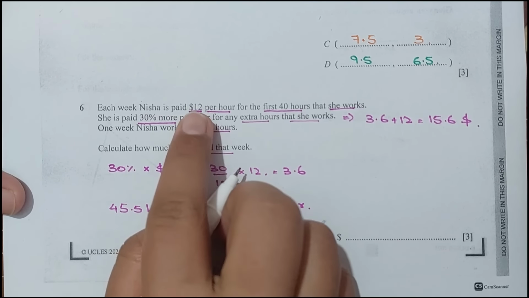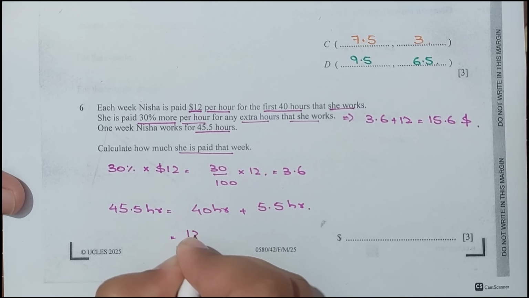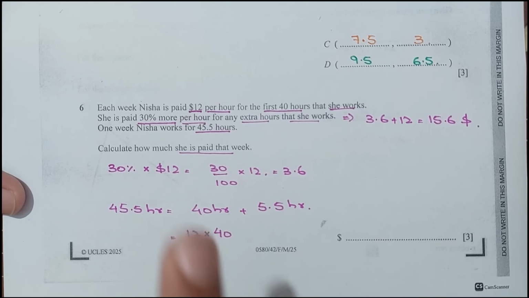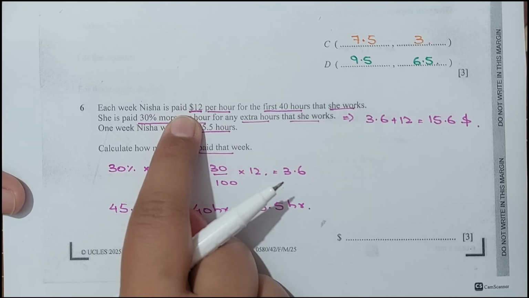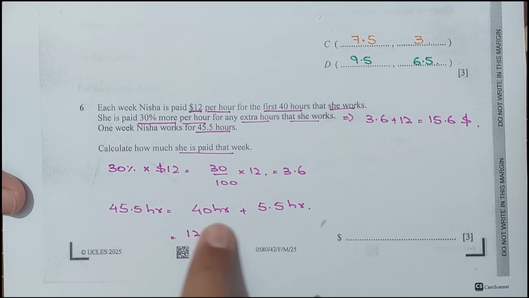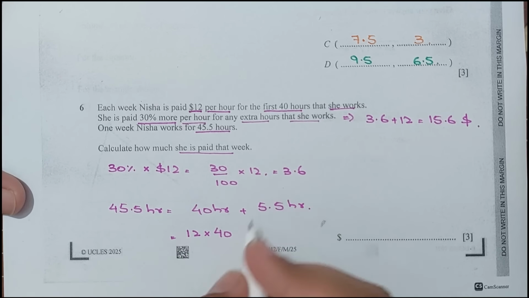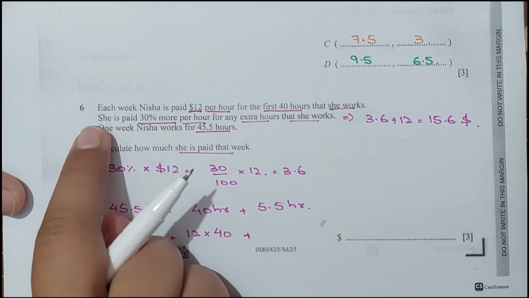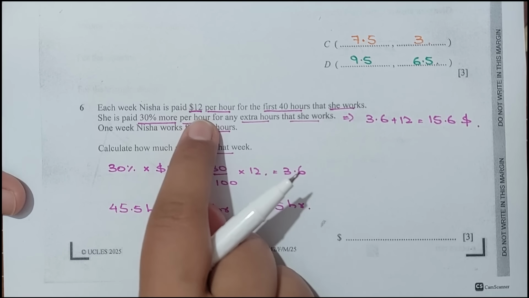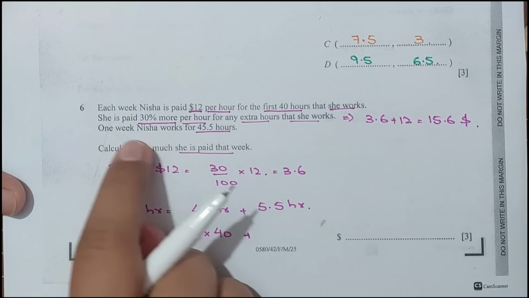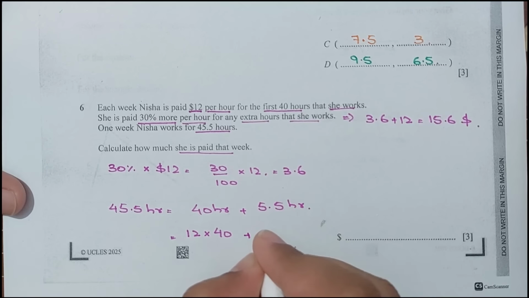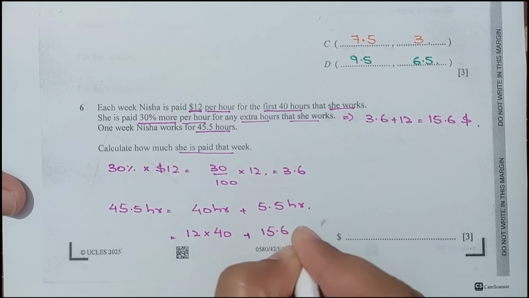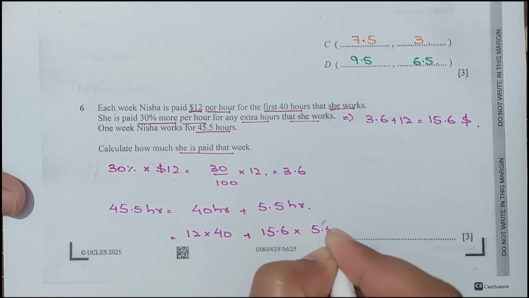So for the first 40 hours, the salary is $12 per hour, so $12 multiplied by 40 hours, plus she is paid 30% more per hour, which is $15.6, for the extra hours she works. The extra hours would be 15.6 multiplied by 5.5.